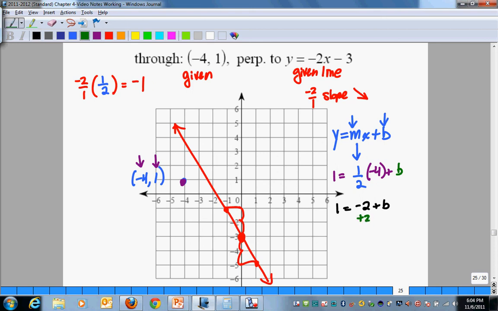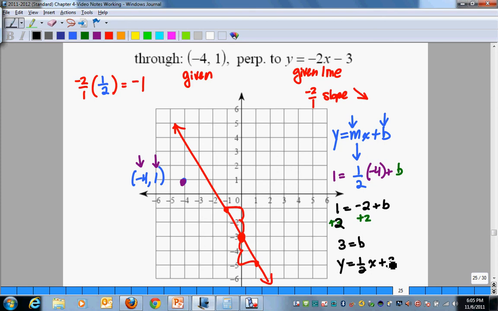So we're going to add 2 to both sides. And we see that our 1 + 3 is going to be 4. Excuse me, 1 + 2 is going to be 3. So our b here equals 3. So in y = mx + b, to make it perpendicular, we're going to have y = 1/2x + 3.